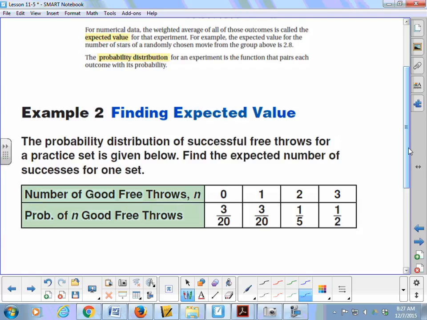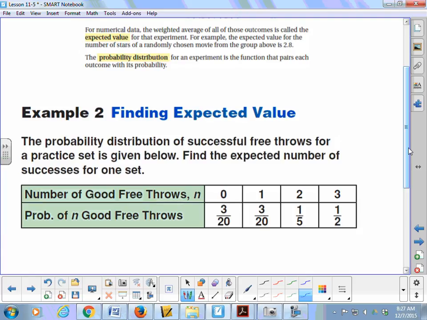So it looks like they probably shot either 3 or 5 of them. 3 times out of 20, they made 1 free throw. 1 time out of 5, they made 2 free throws.